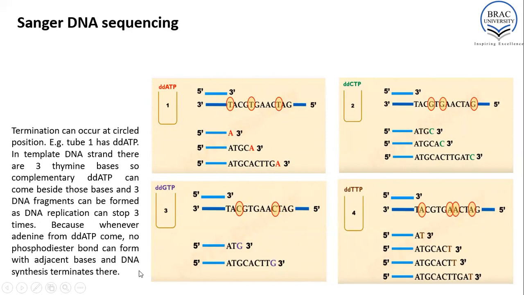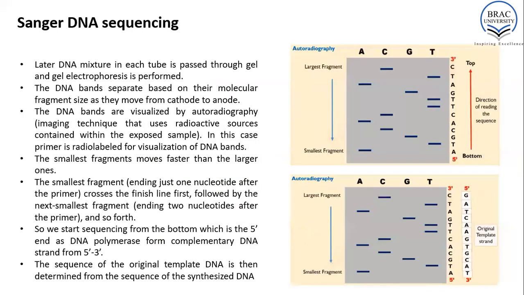As a result, we get fragments that are separated by one base pair. All these dideoxynucleotides have been labeled, so they can be detected by the chromatogram, which is used these days.